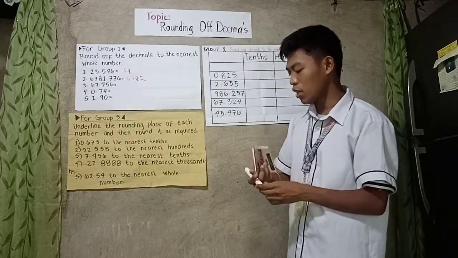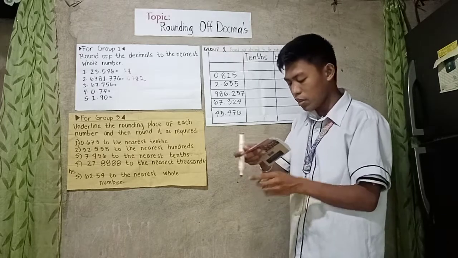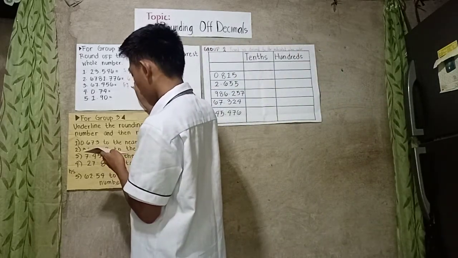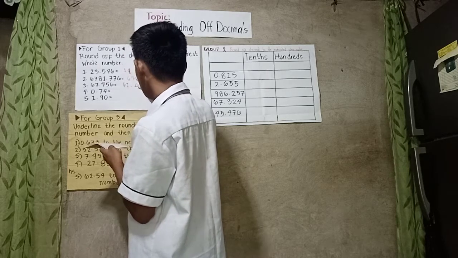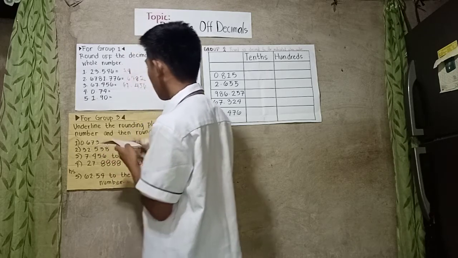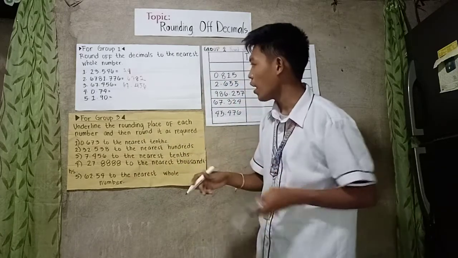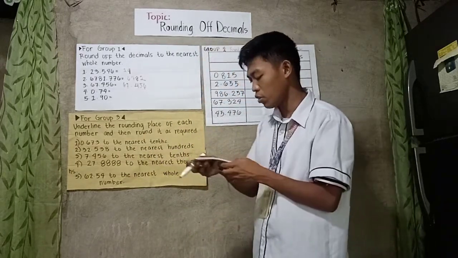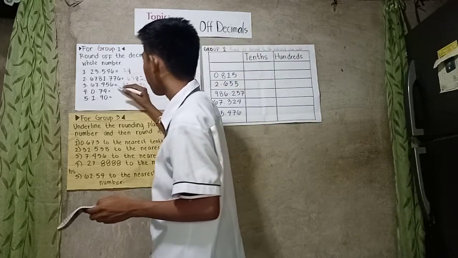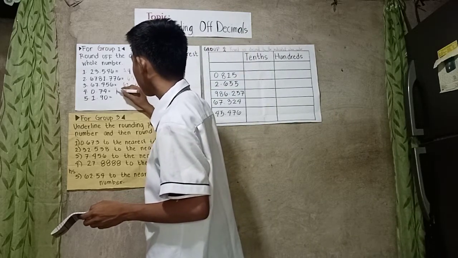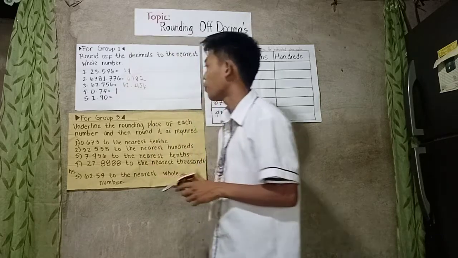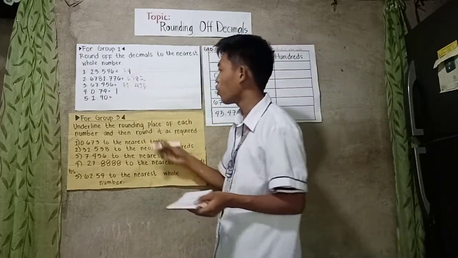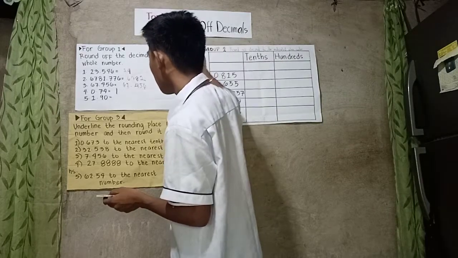The third one, the answer for this is 67.456. Number 4, we have the nearest whole number for 0.74 is 1. Number 5, we have the nearest whole number for 1.90 is 2.